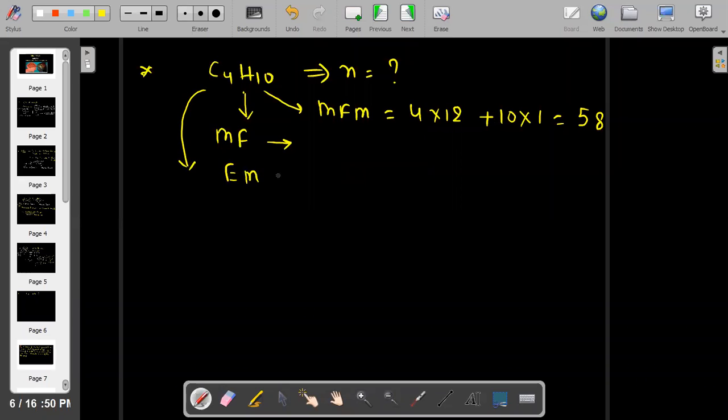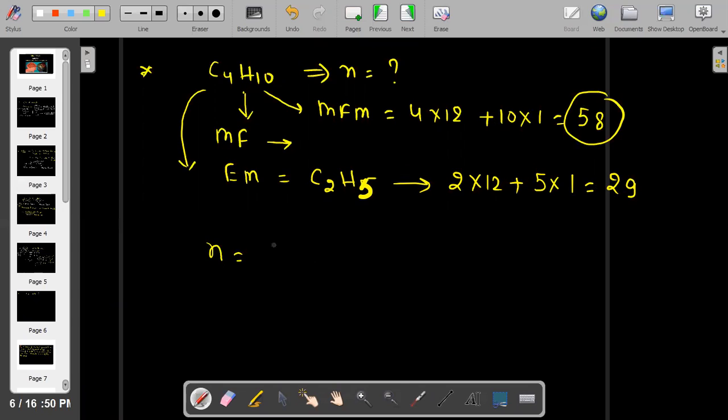Empirical formula is the smallest whole number ratio. Dividing by 2, 2 and 5, so C2H5. Clear? Now C2H5 means 2 into 12 plus 5 into 1, 24 plus 5, that is equal to 29. So what is the value of N? Molecular formula mass 58 upon empirical formula mass 29, that is equal to 2.